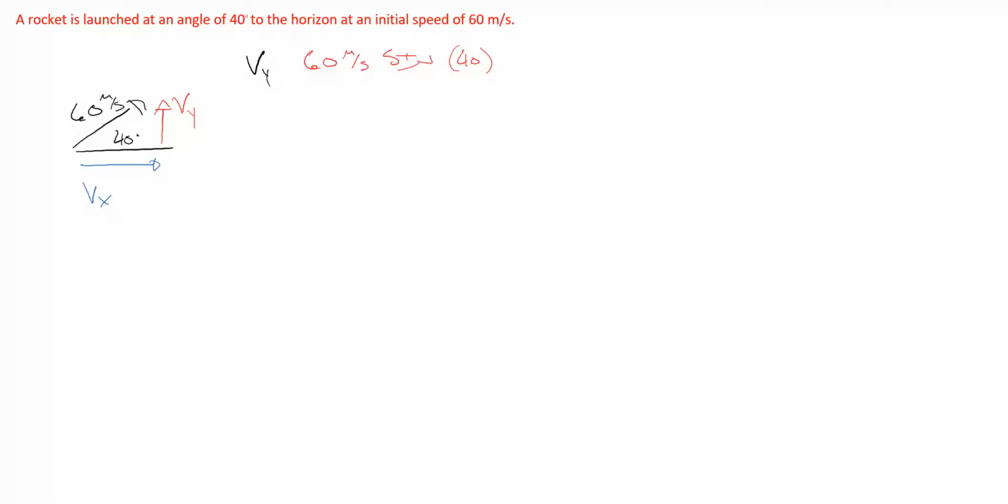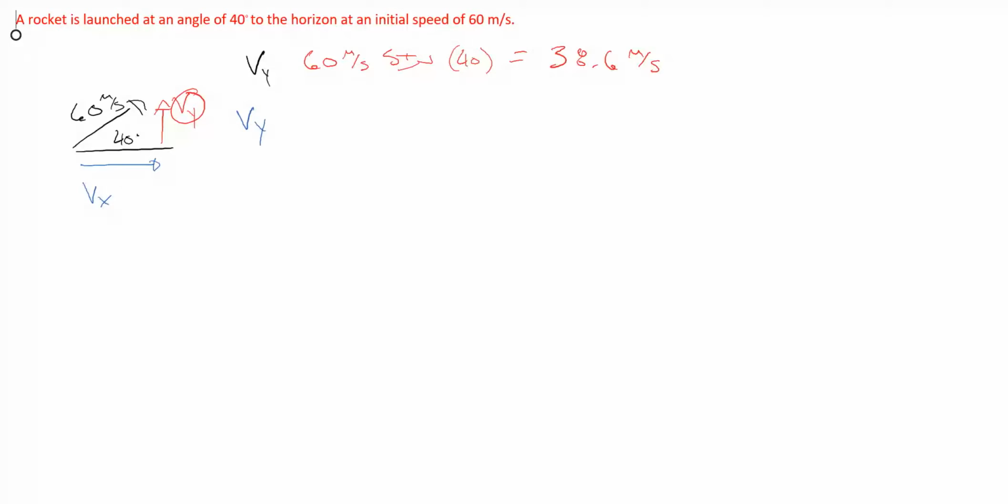The reason we use sine is because we're trying to find the opposite component to our angle of 40 degrees. So when we do 60 times the sine of 40, we get a velocity of 38.6 meters per second.